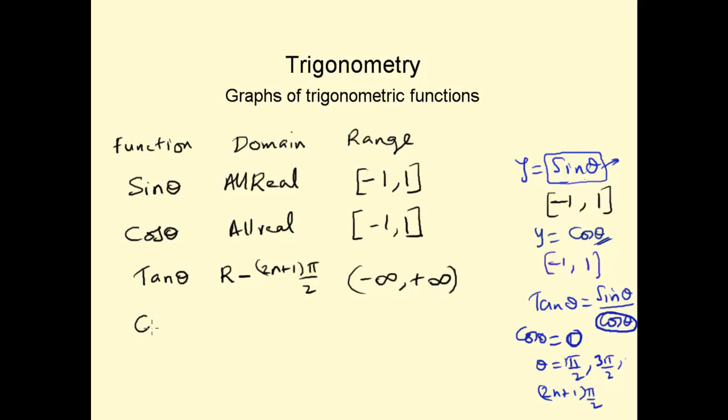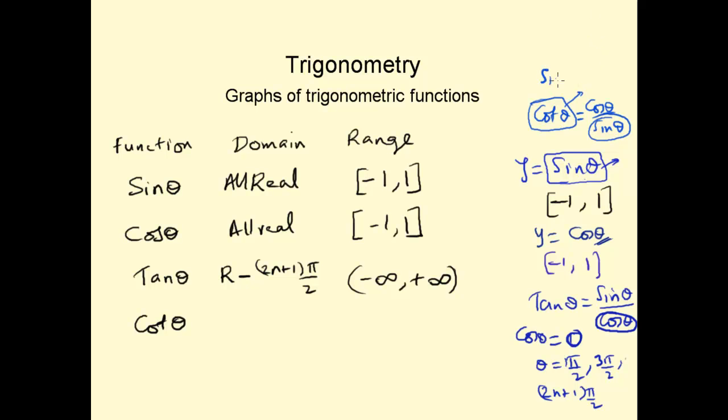Now let's do cotangent theta. Cot theta is actually cos theta over sine theta, right? So the domain for cot theta, or theta, can take any values except when sine theta is 0. So when is sine theta equal to 0?